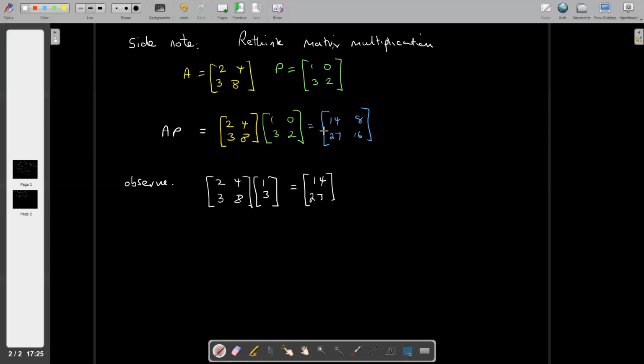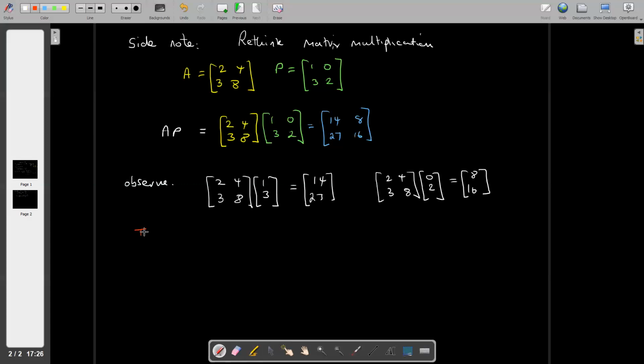In other words, this entry here is precisely this matrix acting on this first column. Let's have a look at the second one: 2, 4, 3, 8 times 0, 2. You can check, this is going to give us 8 and 16, and notice this is the second column. So to summarize, this is a key fact.